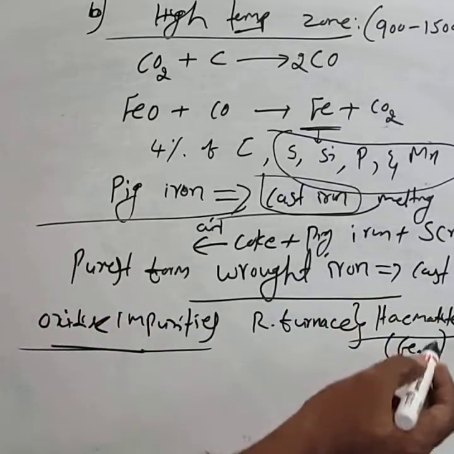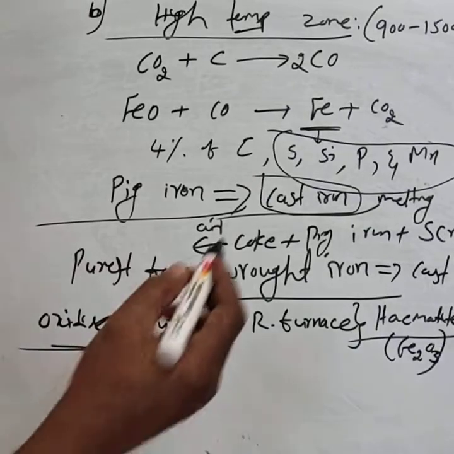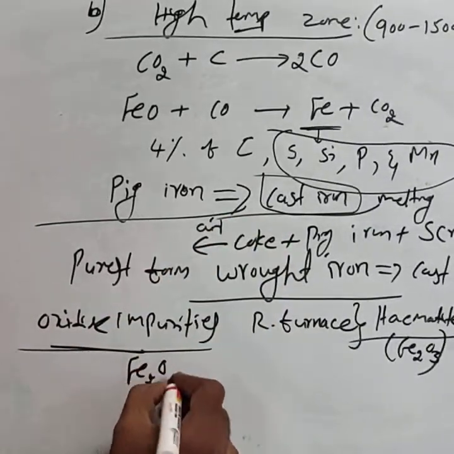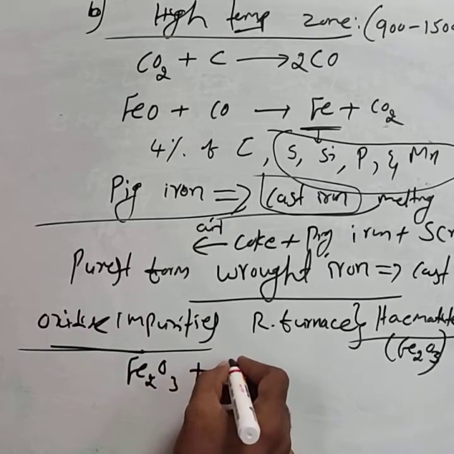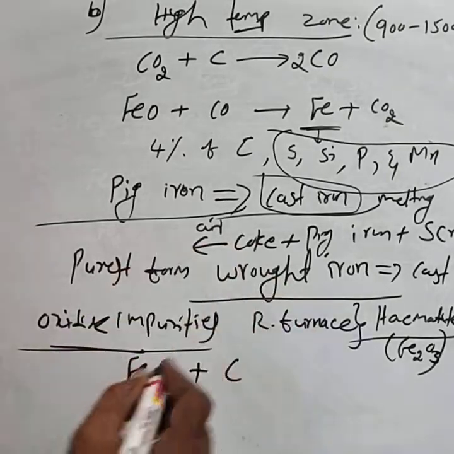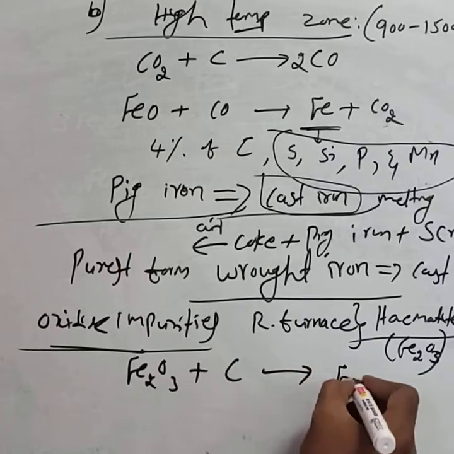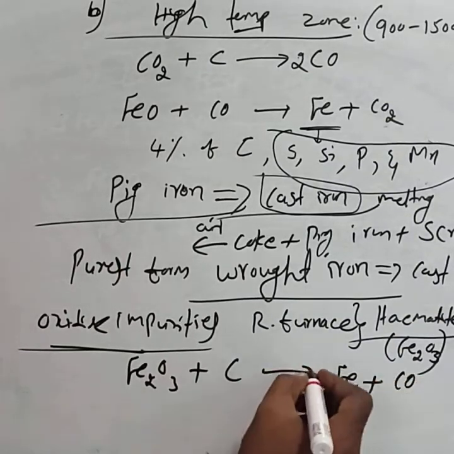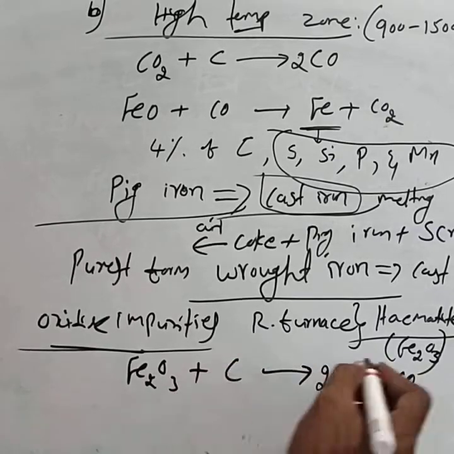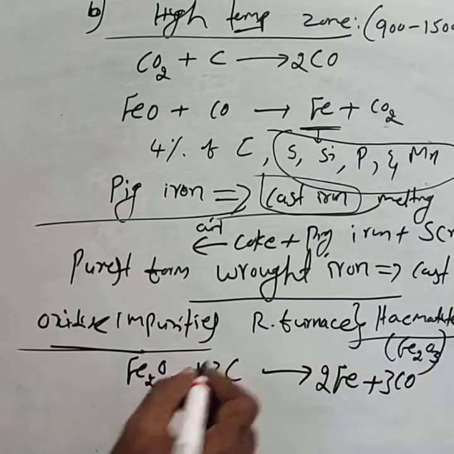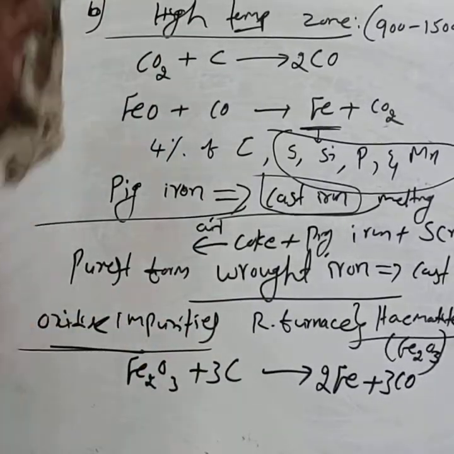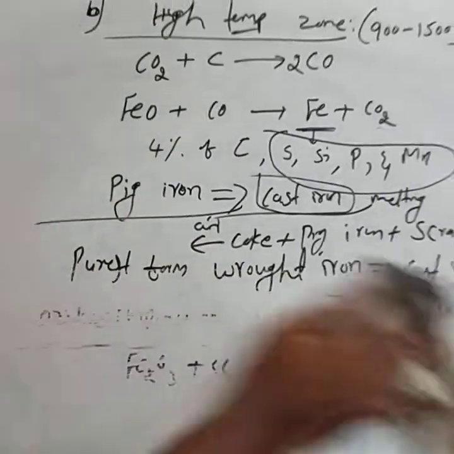Hematite, Fe2O3, reacting with carbon, forms Fe and liberates CO: Fe2O3 + 3C gives 2Fe + 3CO. This is about the three types of iron, and the extraction of iron from its oxide.